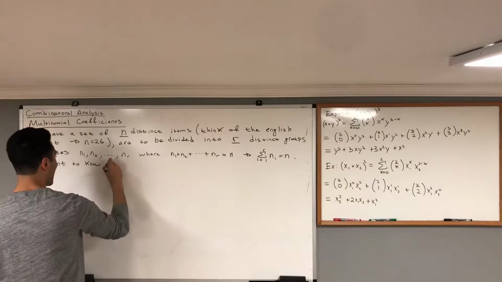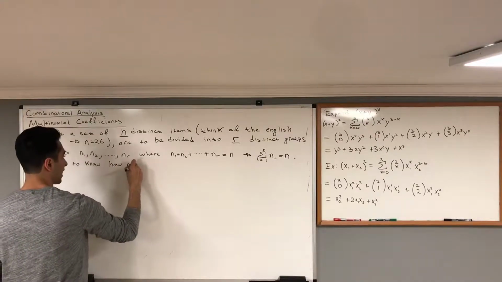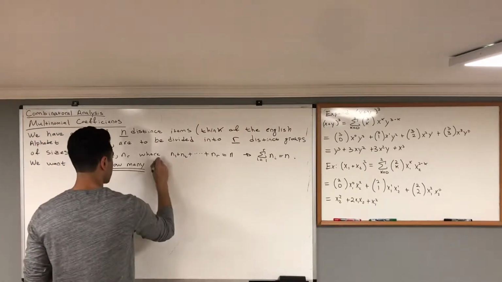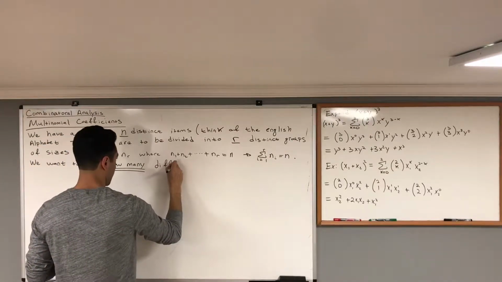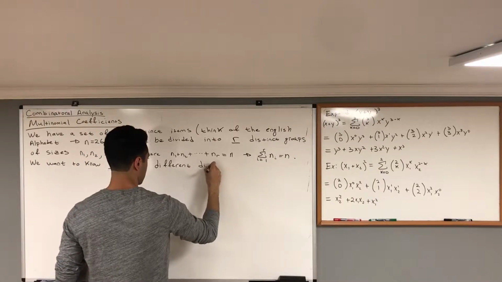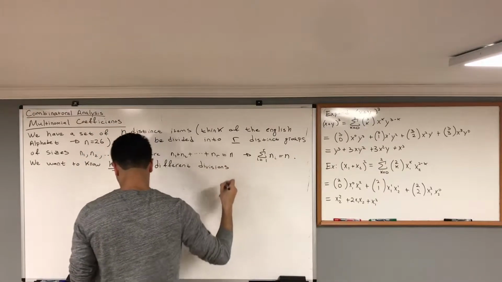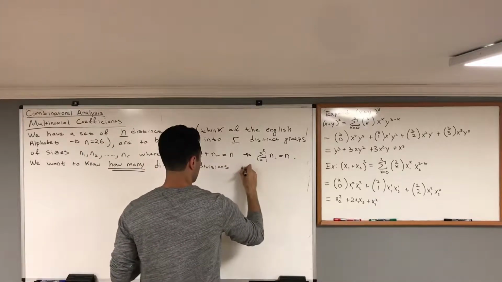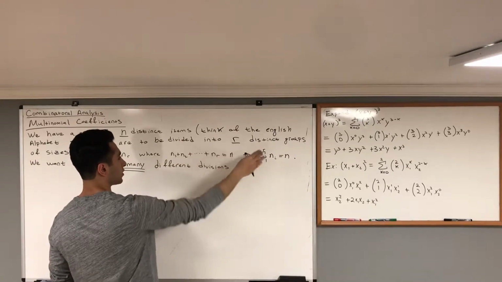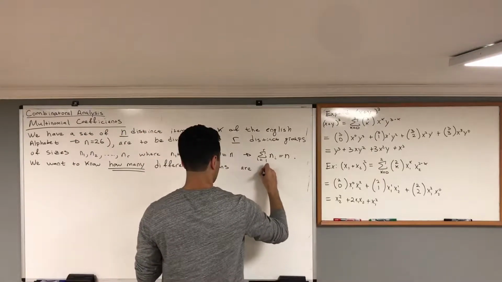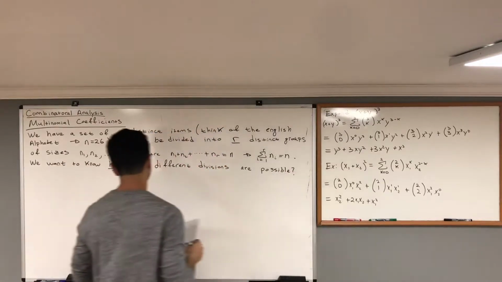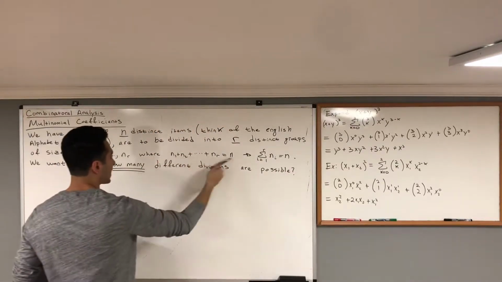So we want to know how many different divisions are possible. So how many different divisions of n items into our distinct groups are possible, where the sum has to equal n.